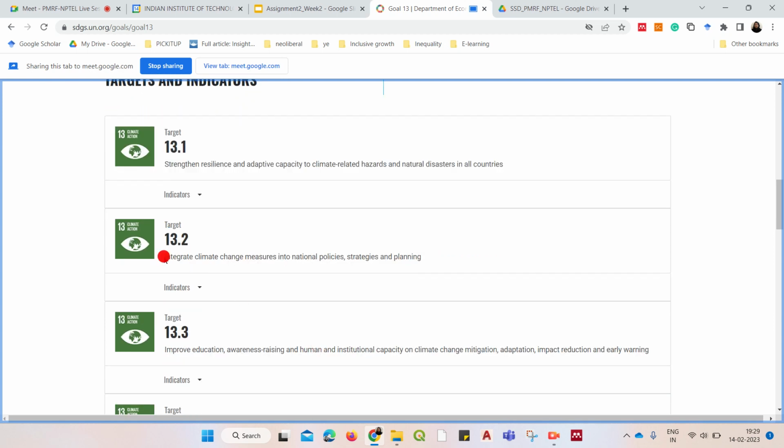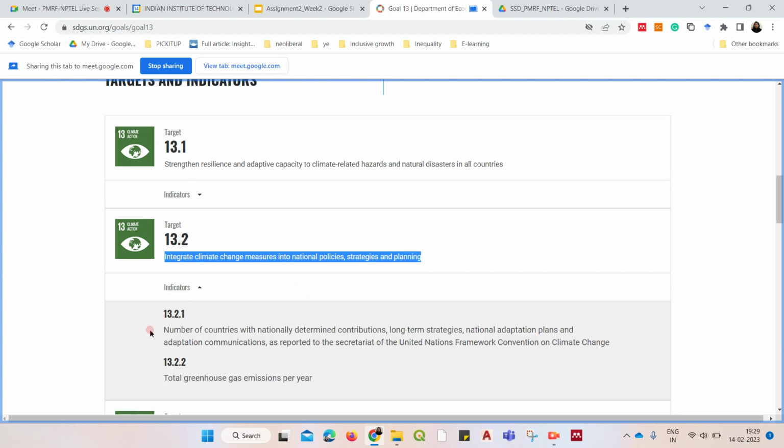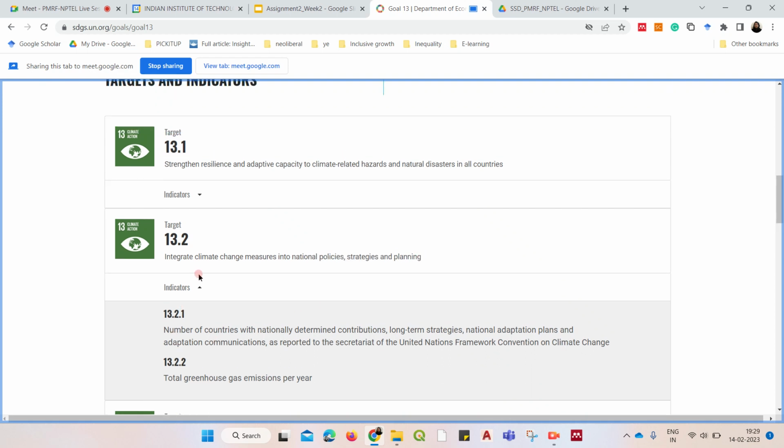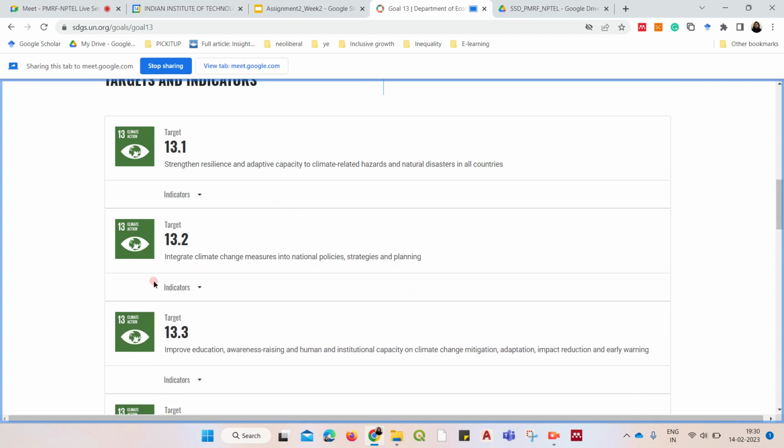Then there is integrating climate change measures into national policies, strategies and planning. If you see its indicators, one of the indicators is the total greenhouse gas emission per year. So how much greenhouse gases are being emitted has to be incorporated into national policies and strategic planning. So from the targets and indicators also, you can see that this SDG talks about greenhouse gases and greenhouse gas emissions.